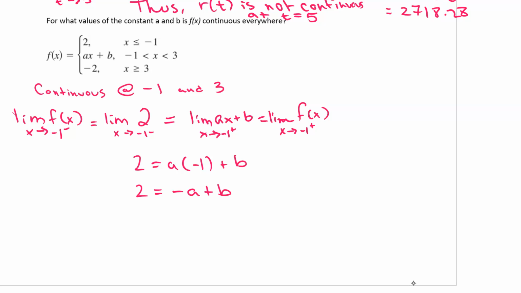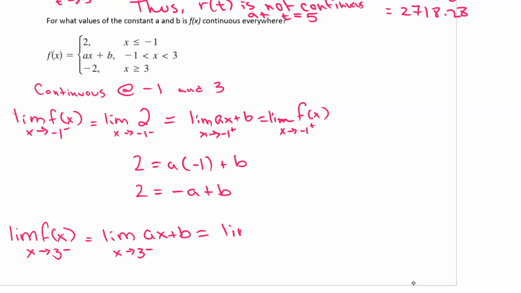All right, and then we're going to have to use the at 3 point as well. So we're going to end up with two equations and then have to use substitution or elimination to solve them. But before we get there, let's just keep on trucking. We're doing from the left. So 3 from the left is going to be that ax plus b again.